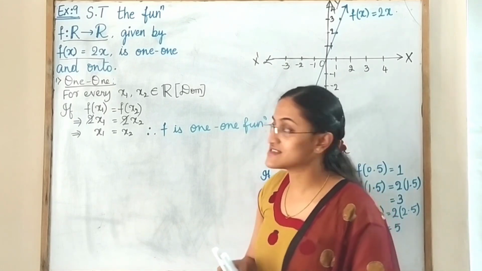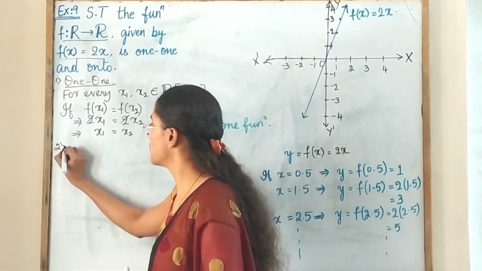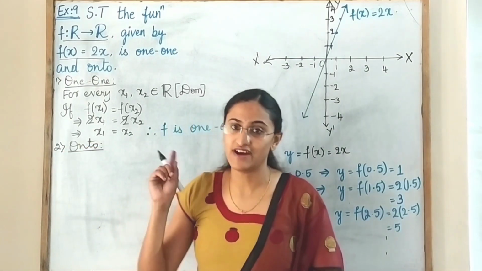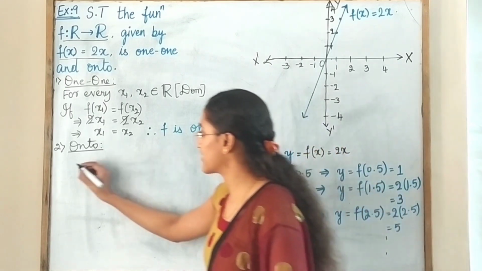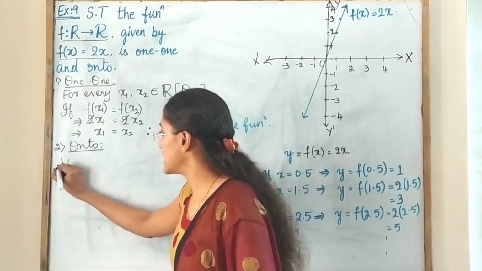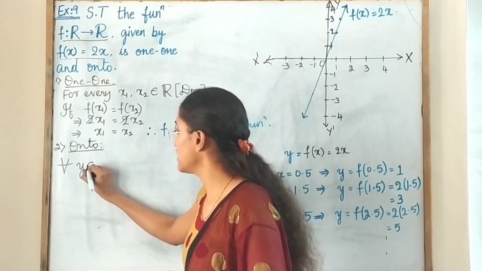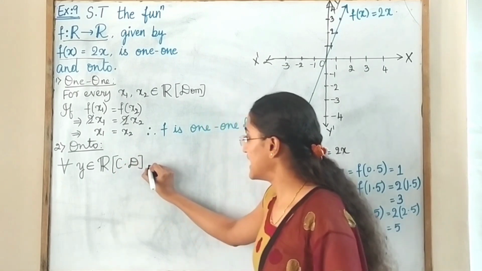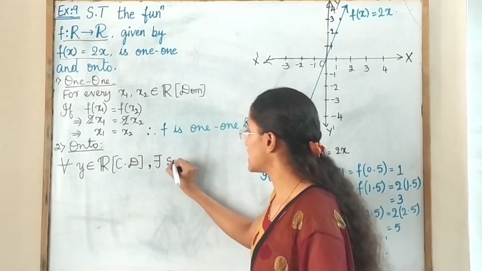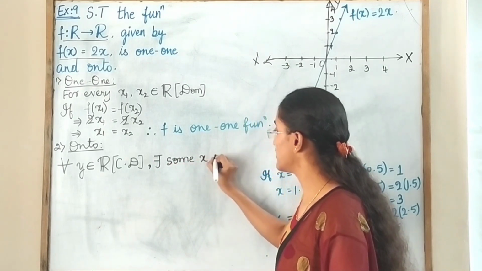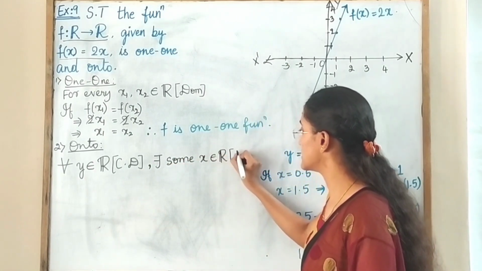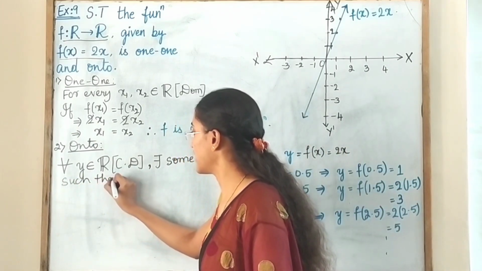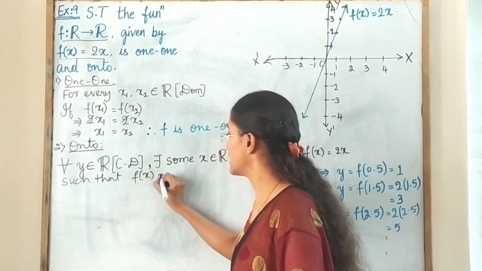Right? Now moving for the second one, that is proving whether it is onto. We have already analyzed in the graph that the function is an onto function. Now according to the definition, you can just write for every element y which belongs to R, this is the codomain, there exists some element x which belongs to R, this is the domain, such that f of x is equal to y.